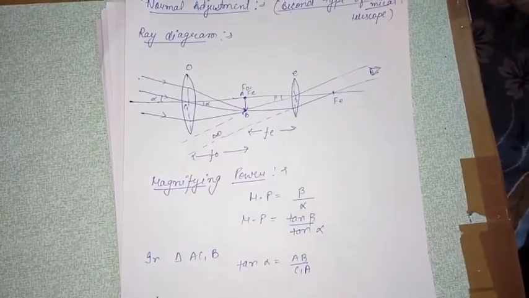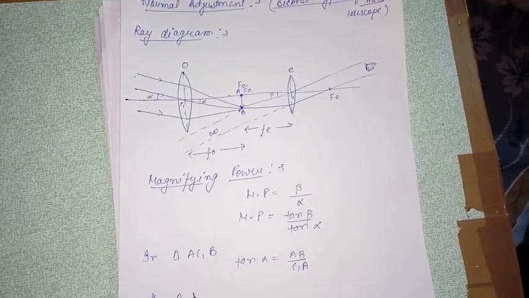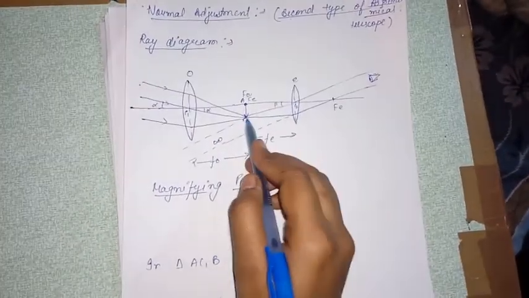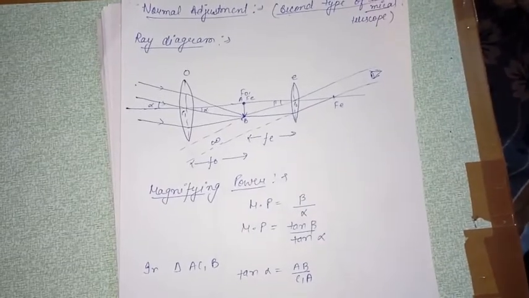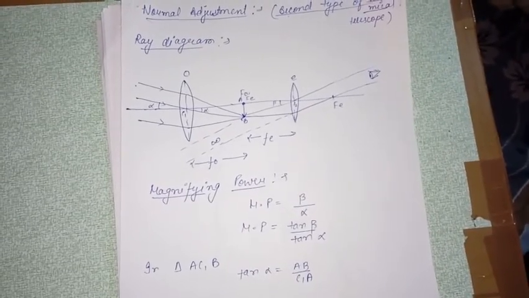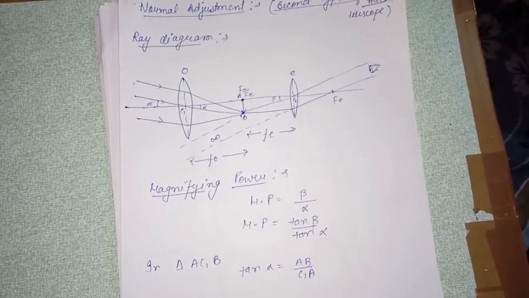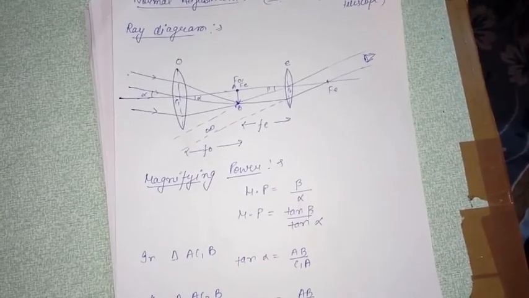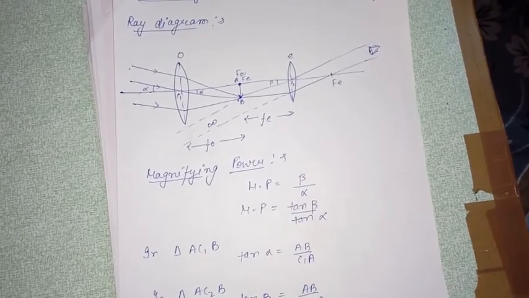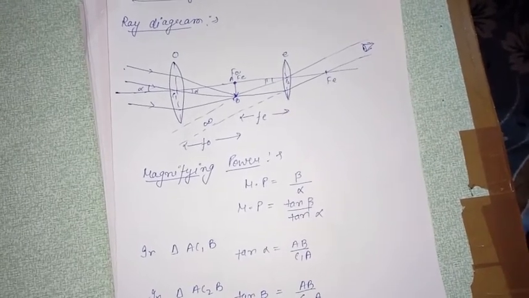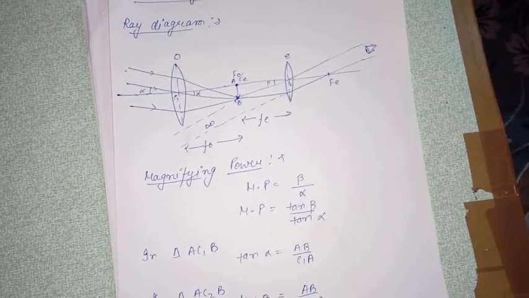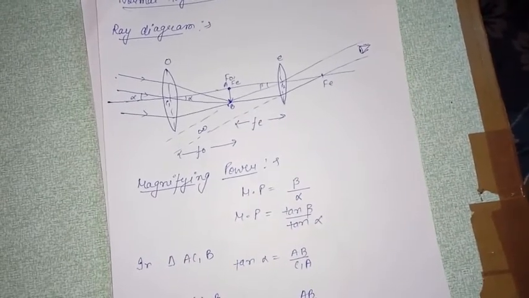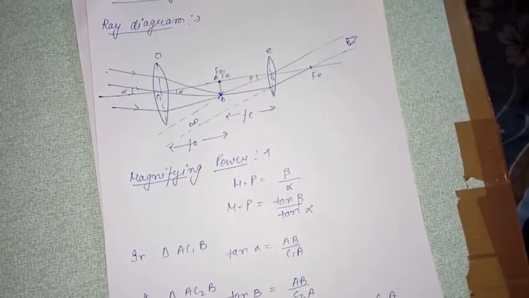Similarly, in triangle AC2B, tan beta is equal to AB upon C2A. So magnifying power is equal to C1A upon C2A.